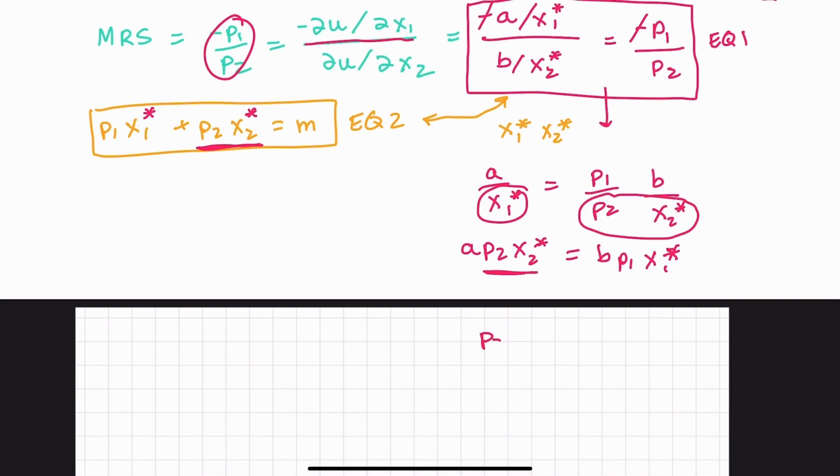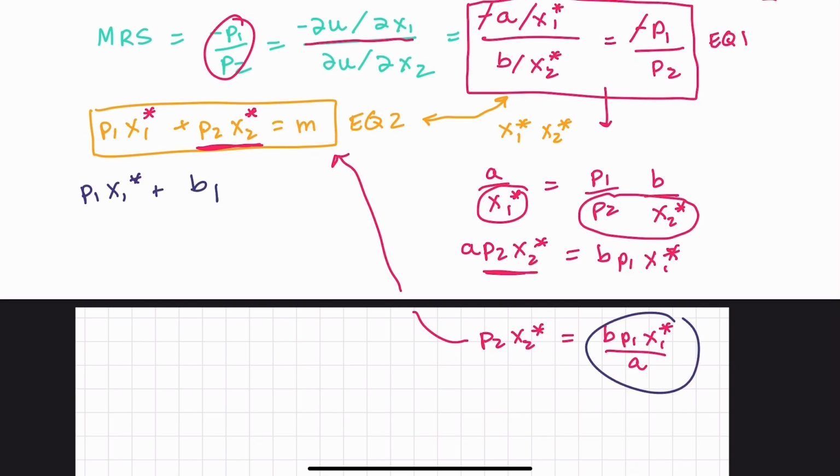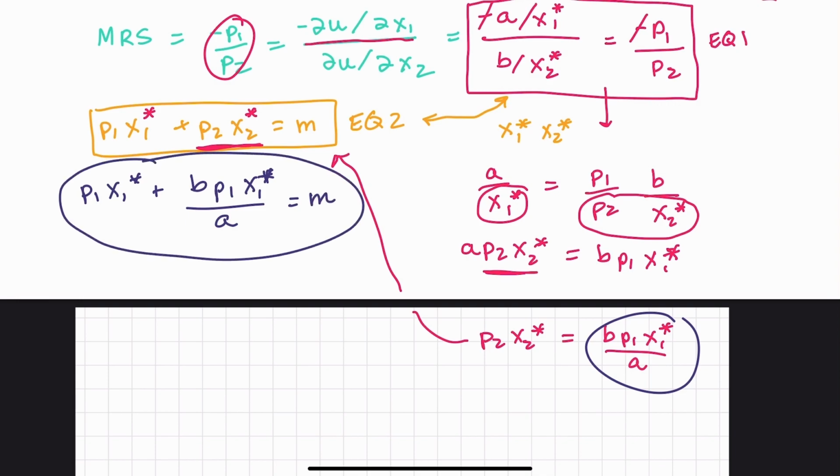I have that P2 X2 star is B P1 X1 star over A. Now I can put it in the equation, finally combine the two equations here. So I have P1 X1 star plus this thing, B P1 X1 star over A equals M.